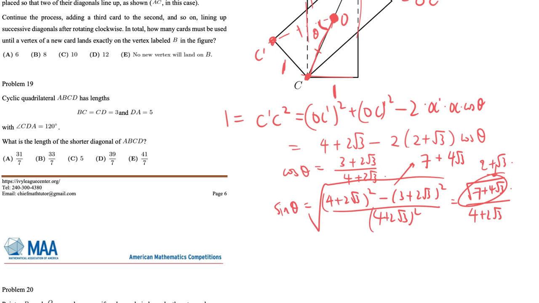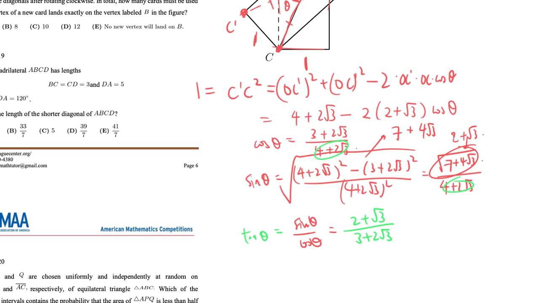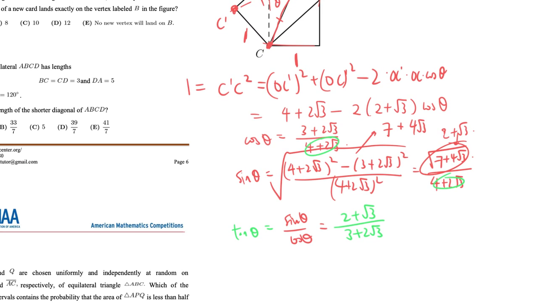Right, and then sine theta over cosine theta is equal to this. Well, you see that the denominators are the same, and so tangent theta is just equal to 2 plus root 3 over 3 plus 2 root 3, right? Then we can rationalize this. You can multiply the denominator and numerator by 3 minus 2 root 3, and the denominator is going to be negative 3, right?